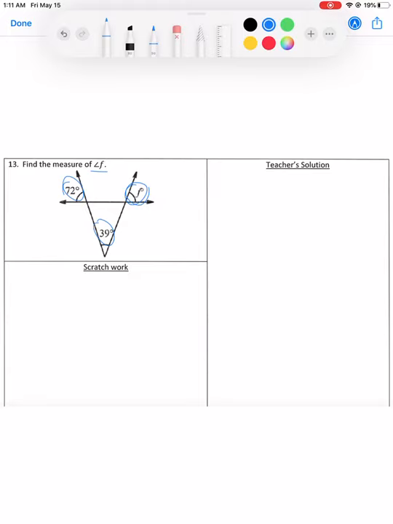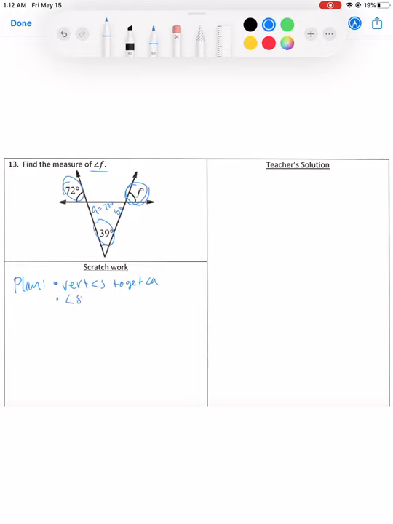So I need to make a plan for this. The plan that I have is taking 72 degrees and finding angle A. That will be 72 degrees because of vertical angles, so I'm going to use vertical angles.